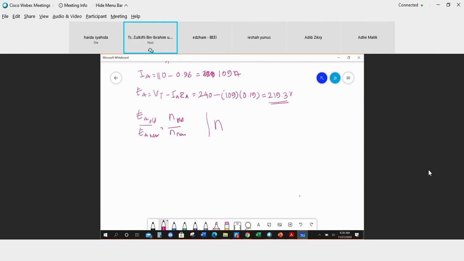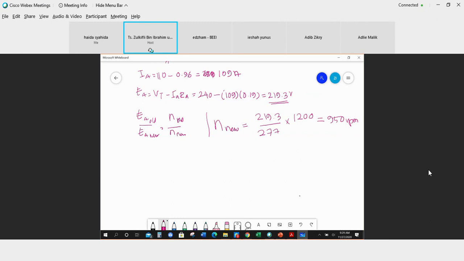Your EA new is 219.3, divided by, from the curve, 277 at 1200, at the curve, at the reference on the curve at no load speed. So from here you multiply, and you will get 950 RPM.